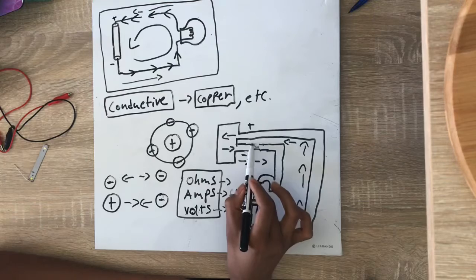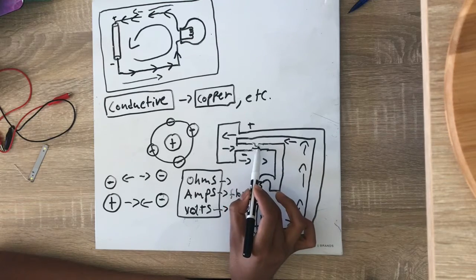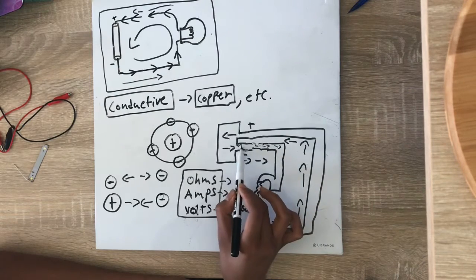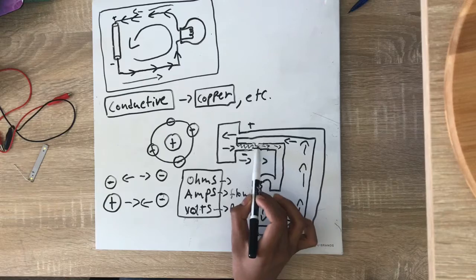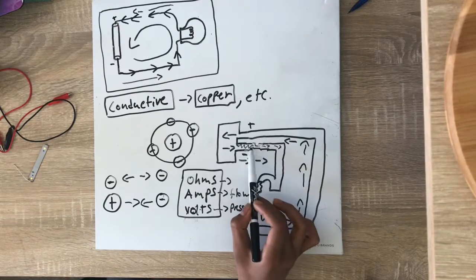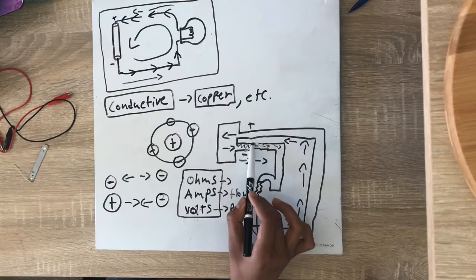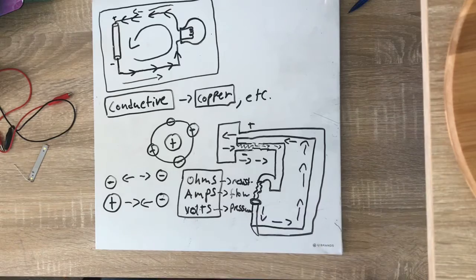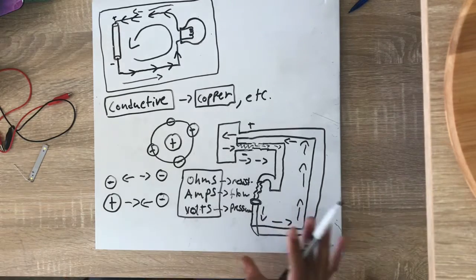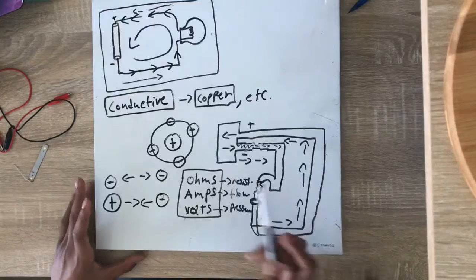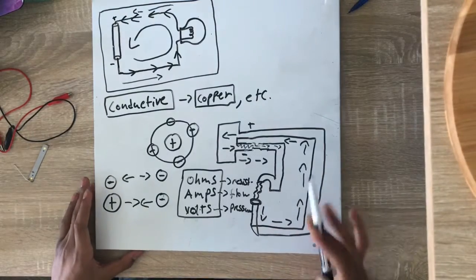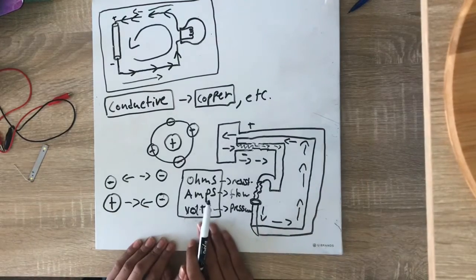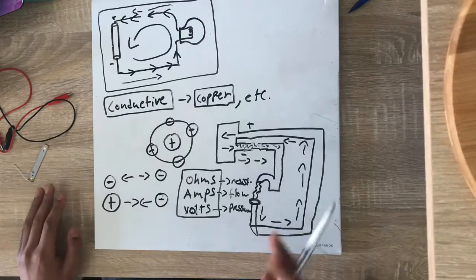That resists the flow of water and makes the water much less on this side compared to this side. As the water flows through that junction, it gets resisted, so there's more resistance there. That is what ohms is, the resistance. So these are the basic definitions of these things from an electrical circuit standpoint. Using this water analogy, we can explain what these three things are in an electrical circuit.